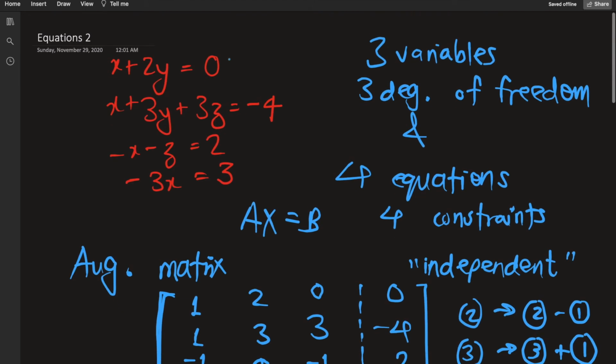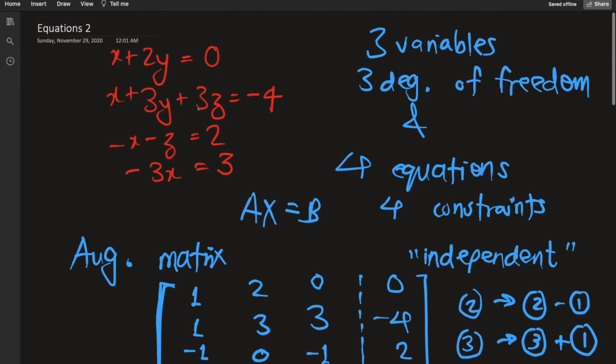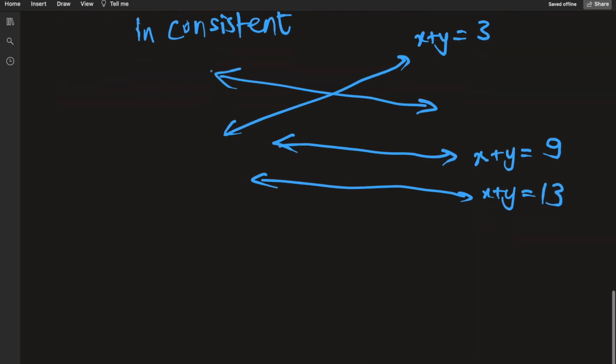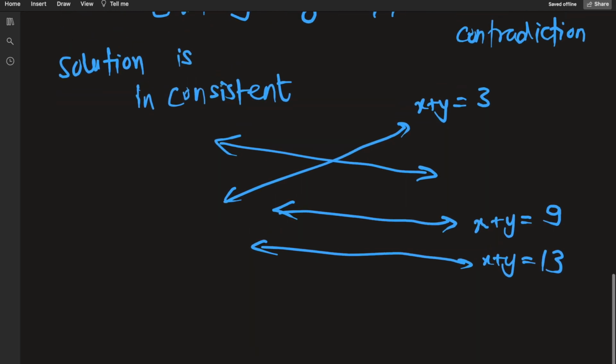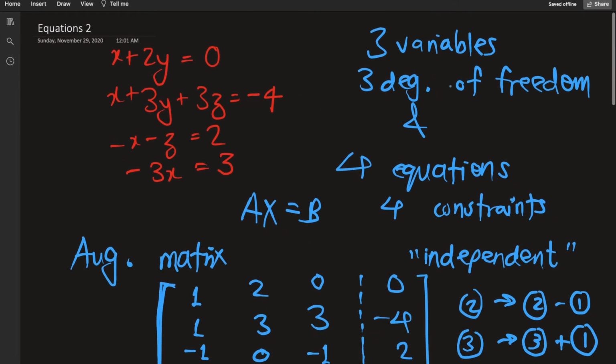Here it's not that evident what things are parallel, what things are not parallel, but it's just inconsistent. I think about it this way. We have 3 variables, 3 degrees of freedom, and we have 4 constraints.